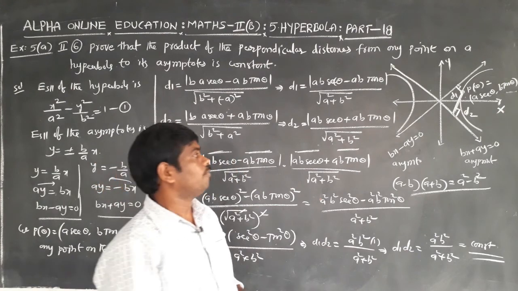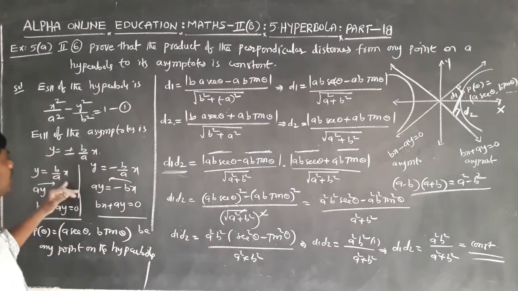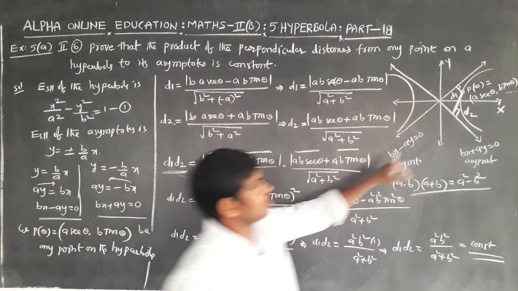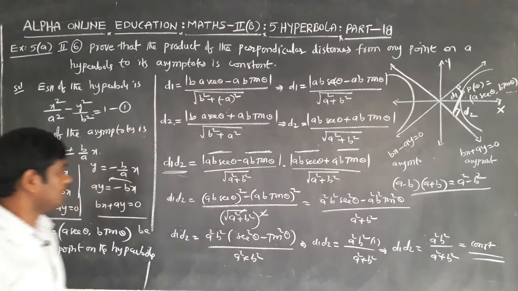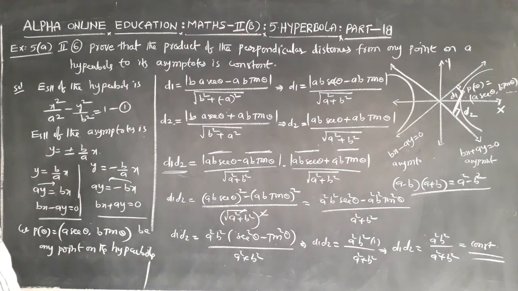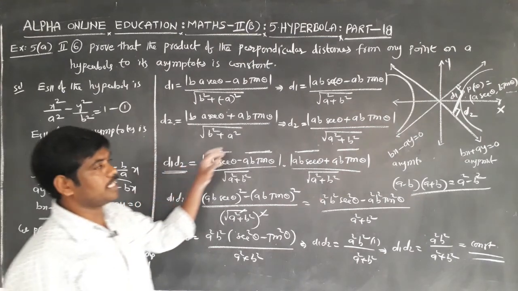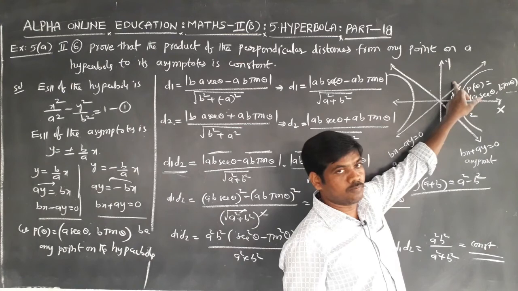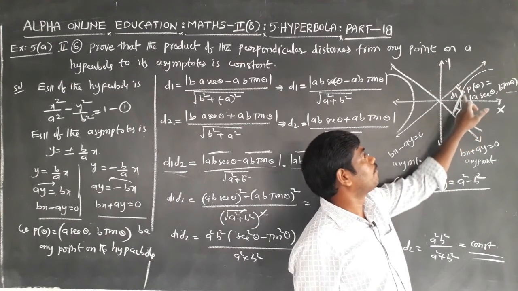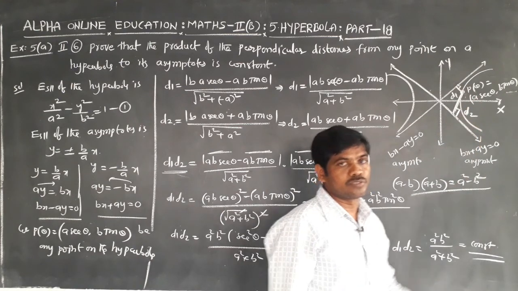This is the proof. First of all, we take P, a sec theta comma b tan theta, to be any point on the hyperbola. Here we find the perpendicular distances from P to the asymptotes. First line bx minus ay equal to 0, second line bx plus ay equal to 0. d1 is the perpendicular distance from P to the first line and d2 is the perpendicular distance from P to the second line.